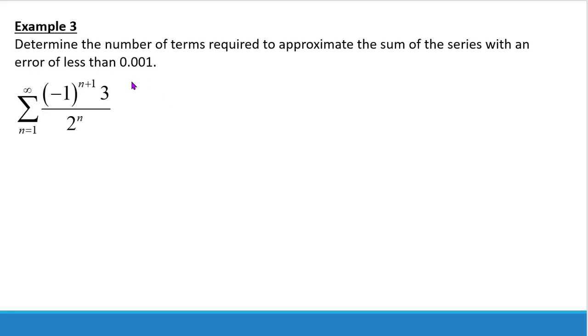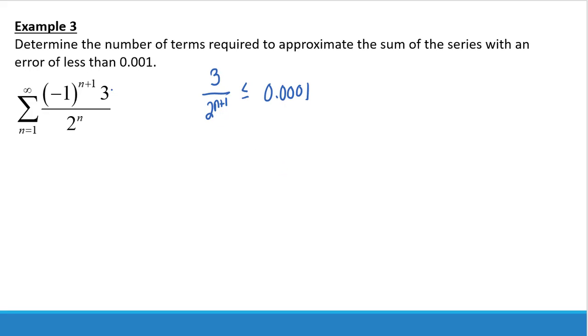So what I do is I take the nth term, and this has to be less than or equal to 0.001. Since it's the absolute value, I ignore the (-1) to the n part.